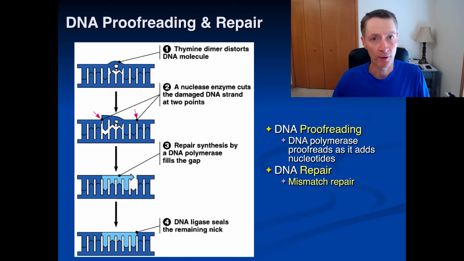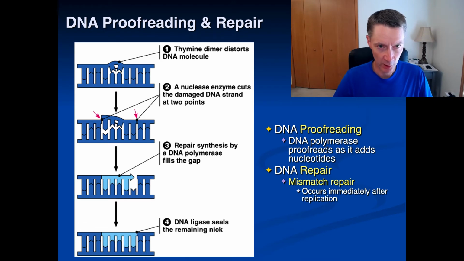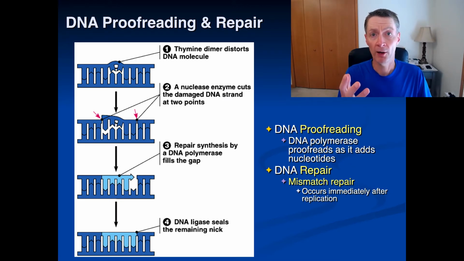Now, DNA repair, a specific type of this called mismatch repair, is a situation where the replication process has completed, and then immediately following replication, it's noted that there's a mistake in the code, okay? My analogy for this would be, I'm typing along the way I do, because I'm not very good at it, and I look up and I notice that I've written half a line or a couple of lines, or a whole paragraph, and I see that 3 or 4 mistakes were made.